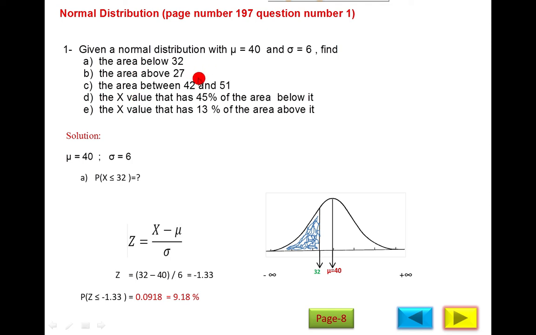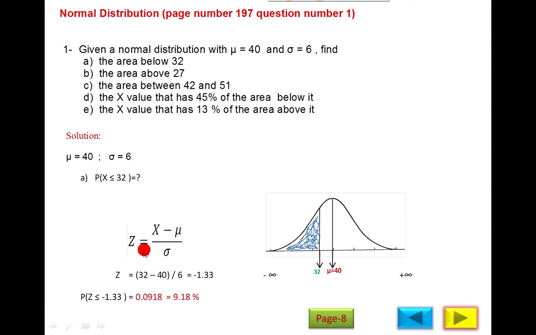In parts A, B, C, the value of x is given, probability is unknown. In parts D and E, the x value is unknown: find the x value that has 45% of the area below it, and find the x value that has 13% of the area above it.